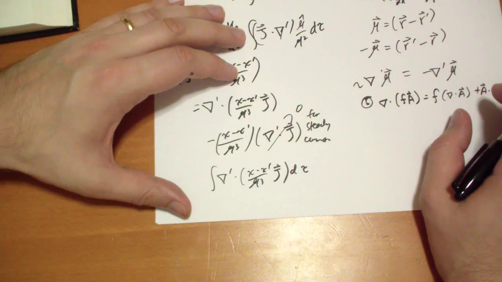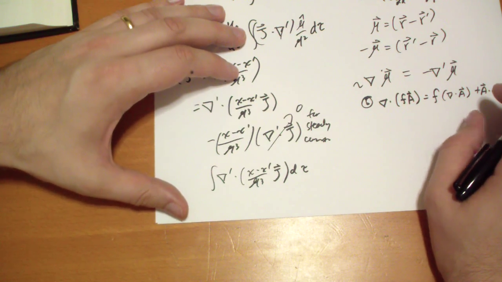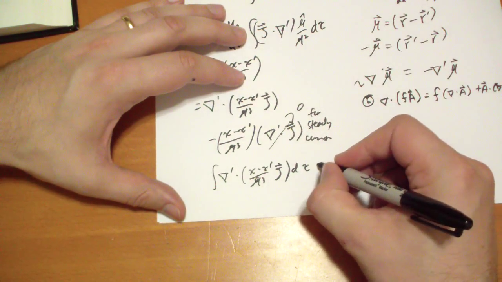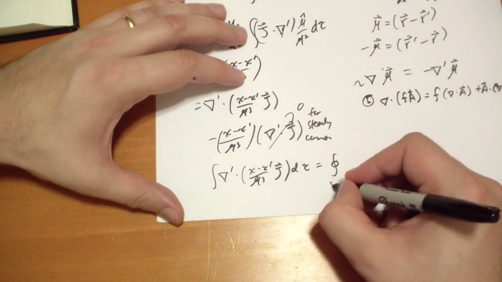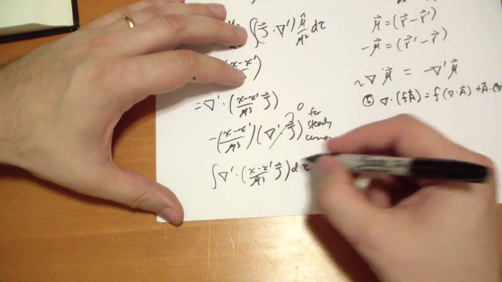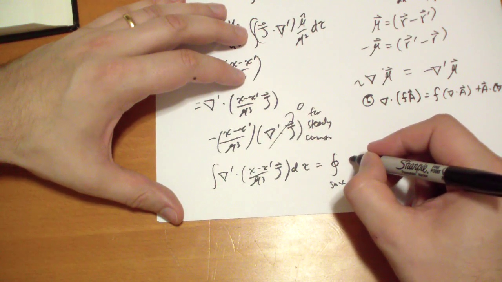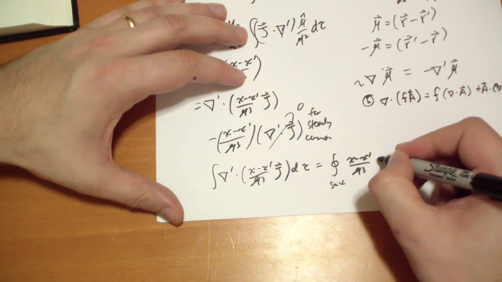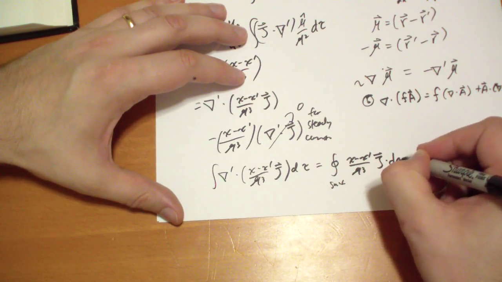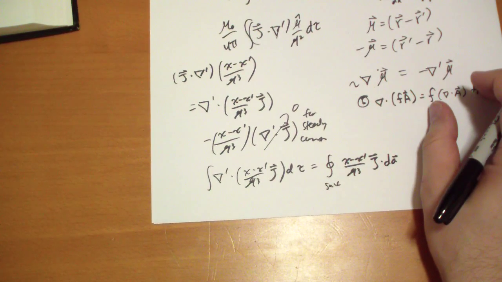This is a volume integral, of course. We're going to apply the divergence theorem to reverse this into a surface integral of x minus x prime over r cubed j vector dot dA vector.